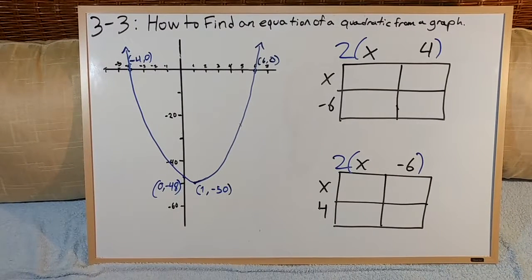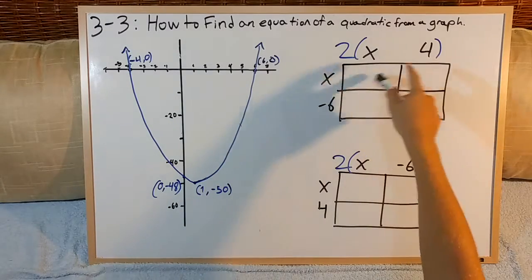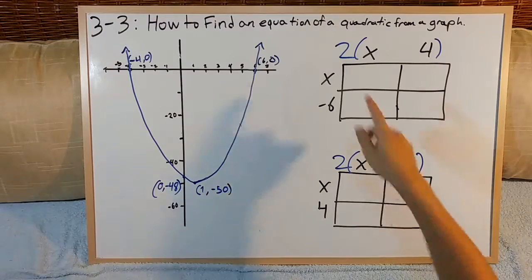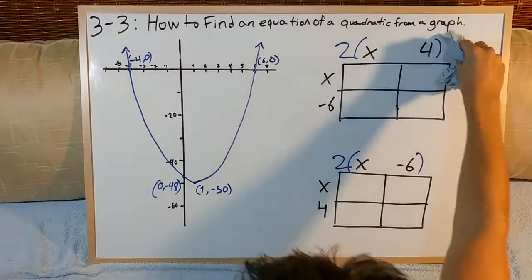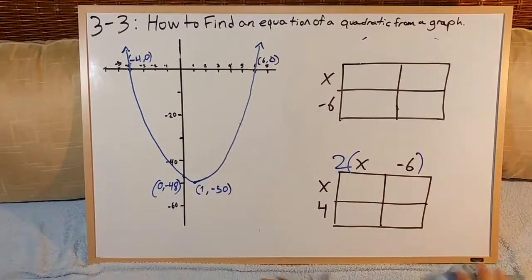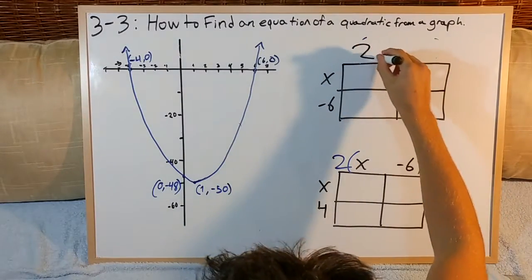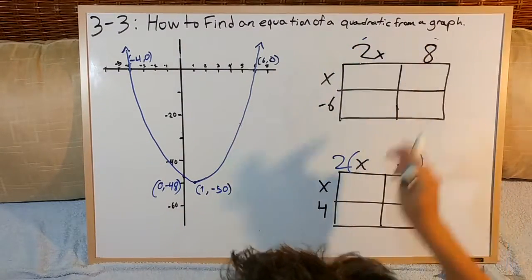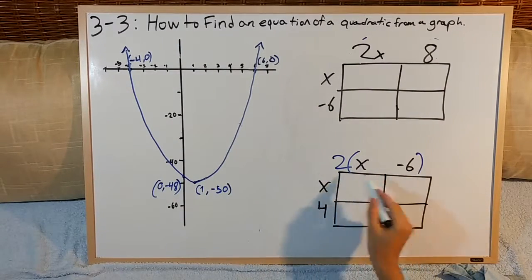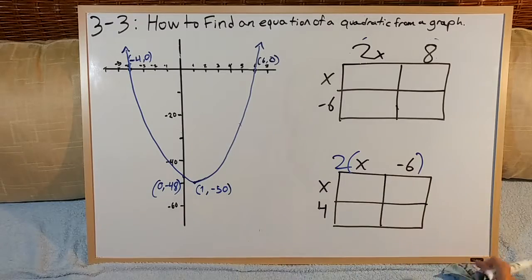Okay, so we have here 2 times x plus 4 times x minus 6. When we do this, it equals 2x plus 8, and down here, 2x minus 12.